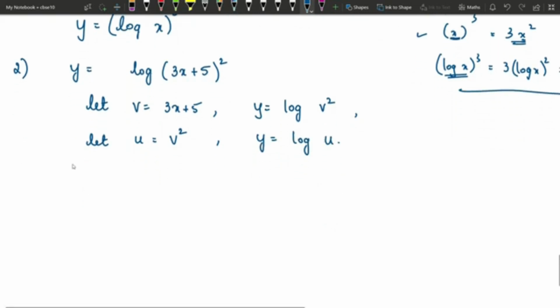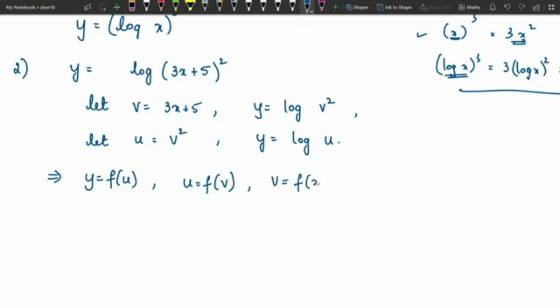Understood? Now what is y? It is a function of u, because y is equal to log u. U is a function of v, because u equals v square, and then v is a function of x, because v equals 3x plus 5.